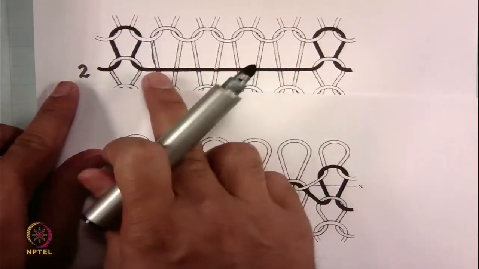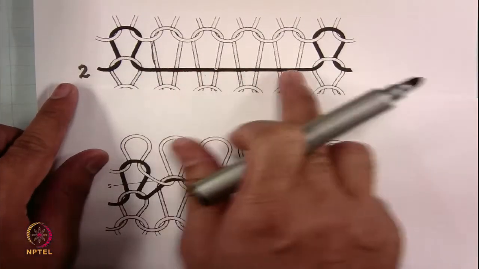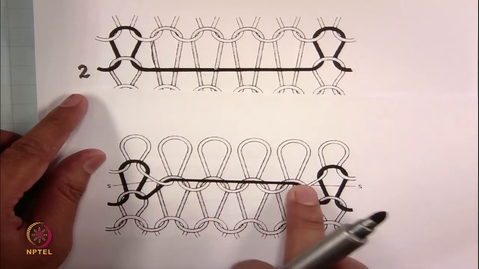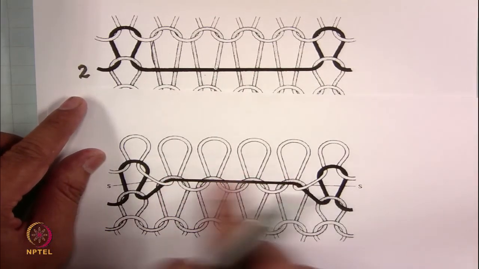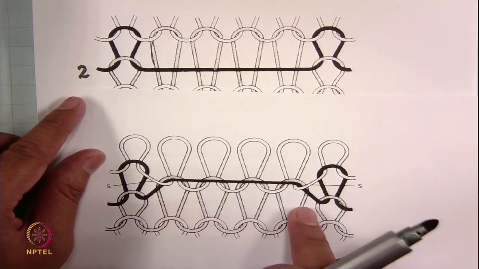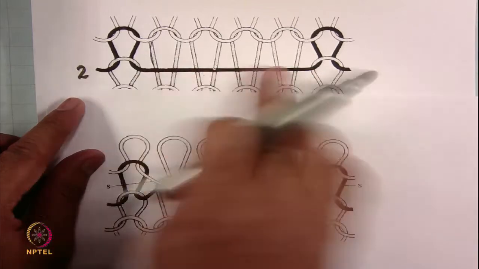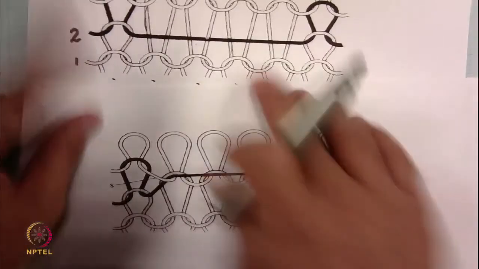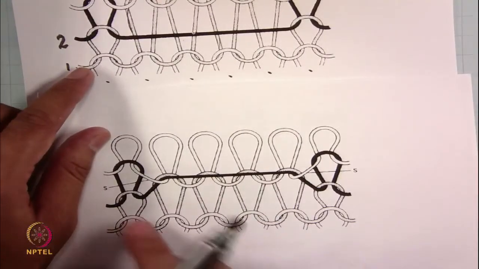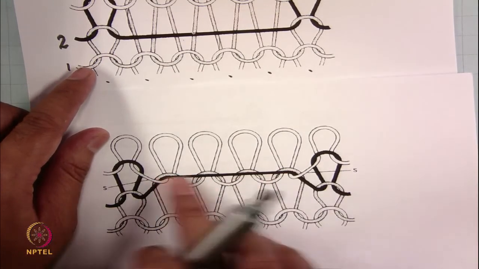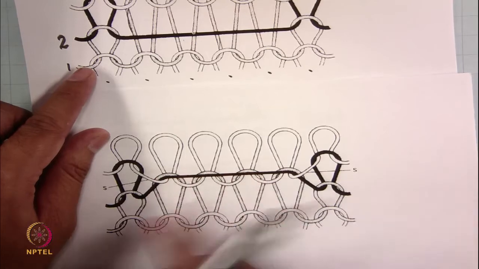If you see the straight segment, it is on the leg side, but here the straight segment is towards the head side of the bottom loops. Okay. So, if you see this one straight segment of the below course, but here the straight segment is towards the head of the below loops.